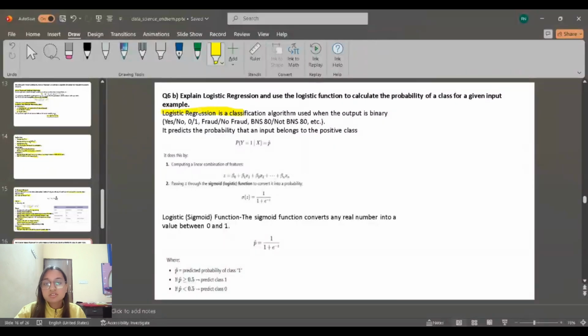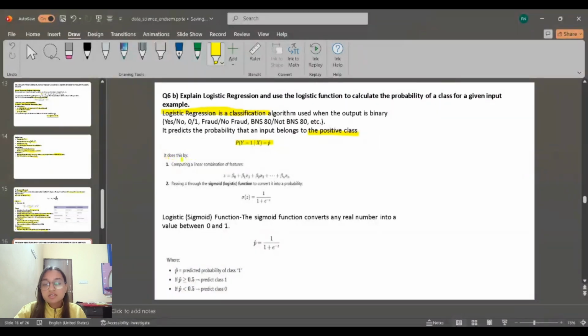Logistic regression is a classification algorithm used when the output is binary: yes, no, 0, 1, fraud, no fraud, BNS 80, not BNS 80, etc. It predicts the probability that an input belongs to the positive class. Probability of y equal to 1 given x equals p̂.